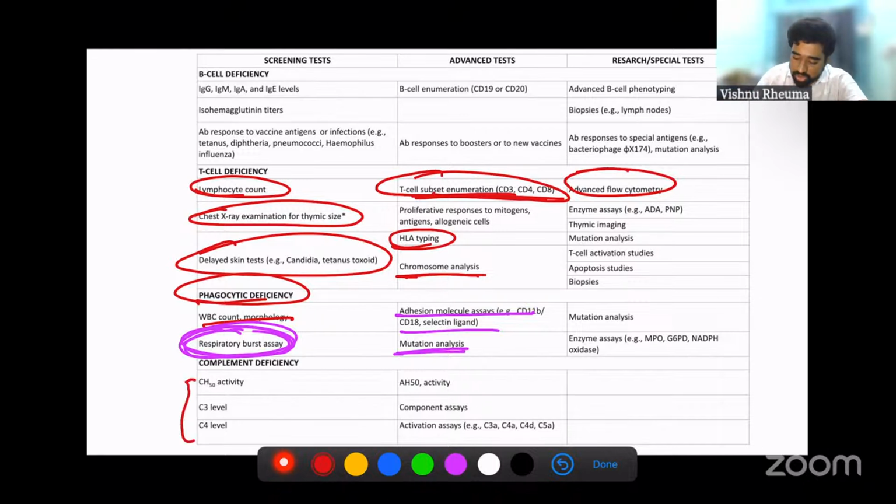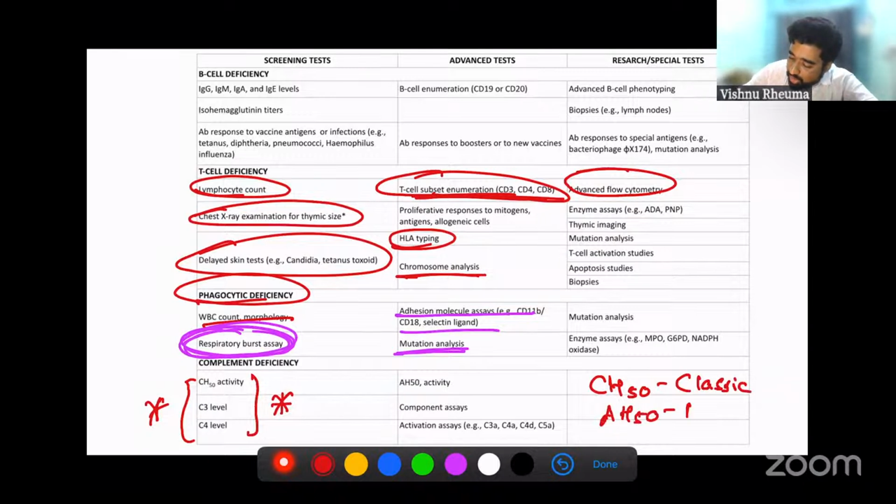For complement defects, I'm not sure you can gauge it from just a small box here. You'd better go to the complement and cryo chapter, the session that covers it. There we discussed that CH50 is for the classical pathway, AH50 is for the alternate pathway, and C3 is there in both classical and alternate, while C4 is only in the classical pathway.